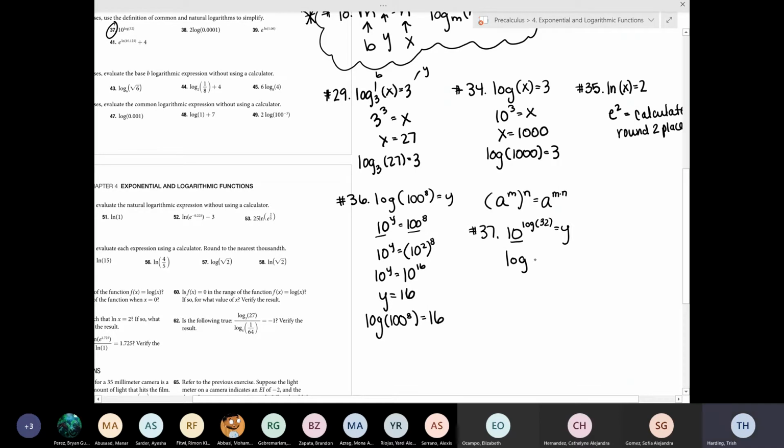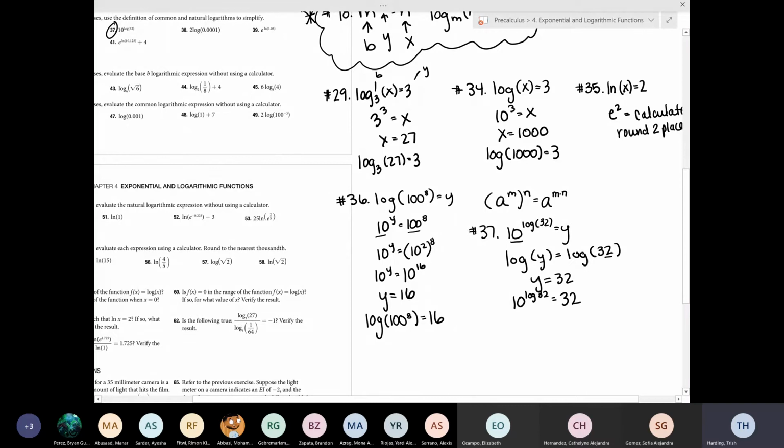So log 32. And here you can obviously see, since they are the same thing, the only thing that is different is the 32. So y is 32. So that means that 10 to the log 32 equals 32.